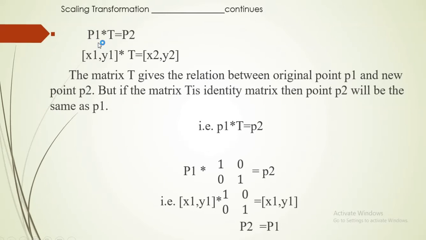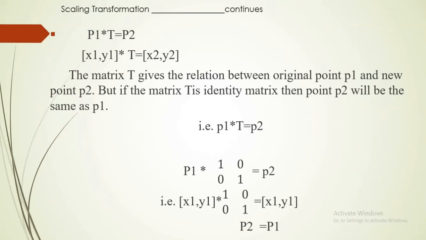Here P1 into T is equal to P2. Now suppose we want to multiply this point P1 by a matrix T of dimension 2 by 2, that is 2 rows and 2 columns.